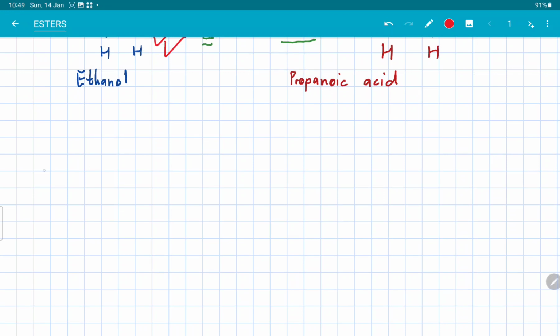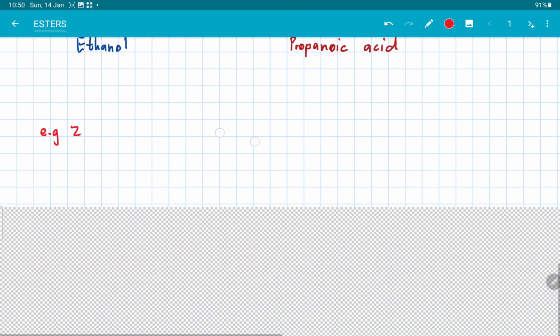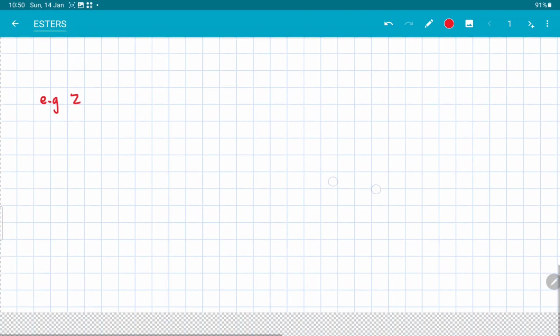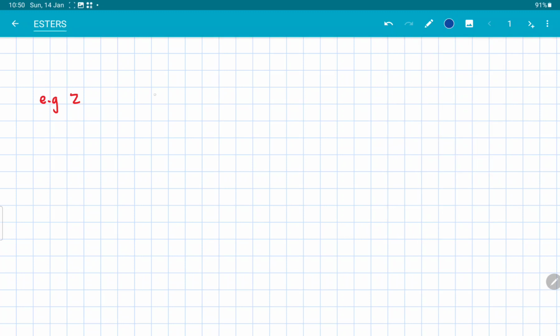I'll just say example 2. So this was example 1. I'm not going to do the entire structural formula now, how to draw a structural formula. Let's say butyl methanoate.